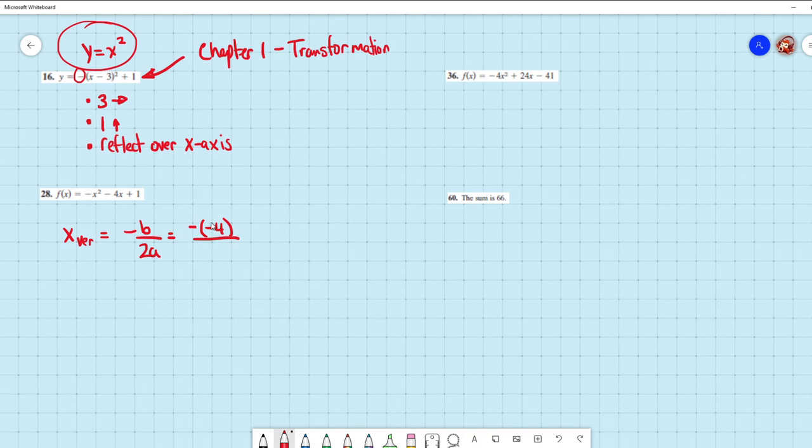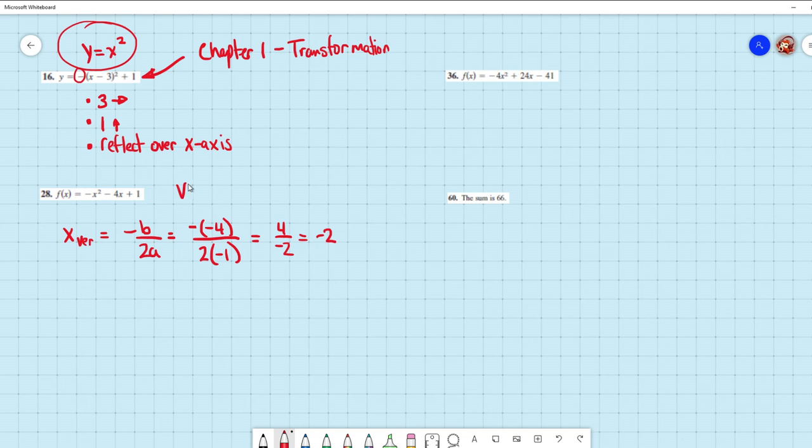So -b over 2a. Again, make sure that you are setting up before you calculate. So this is the correct setup. This will yield 4 over -2, which is -2.